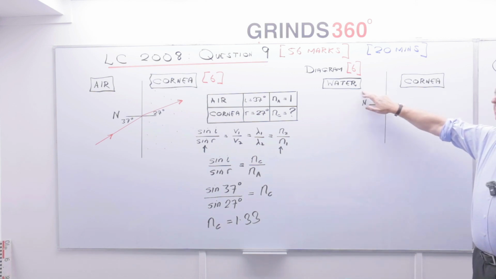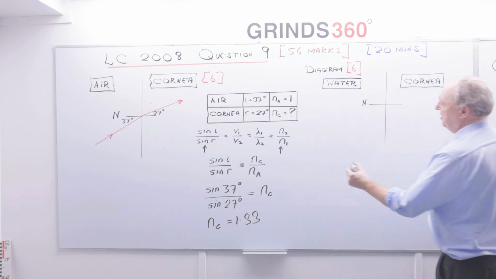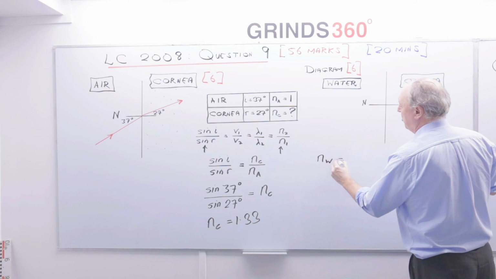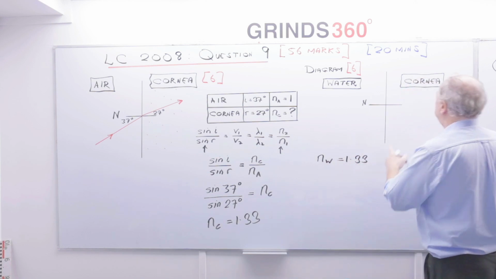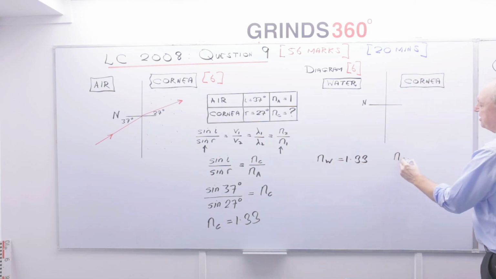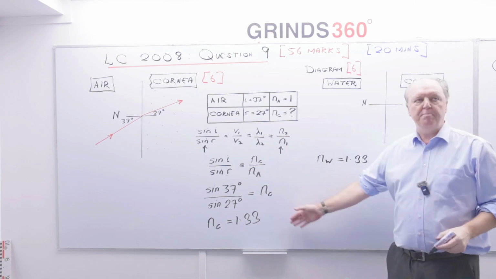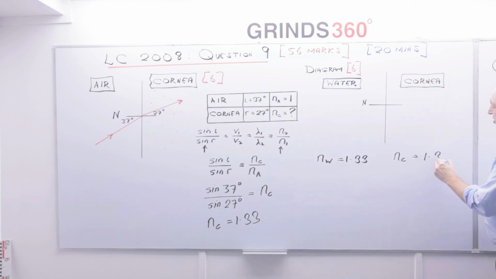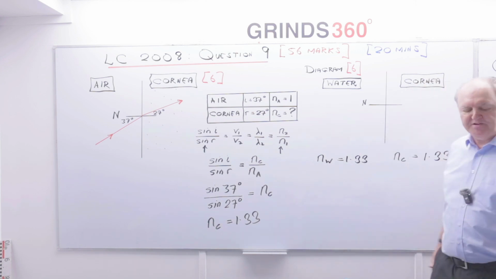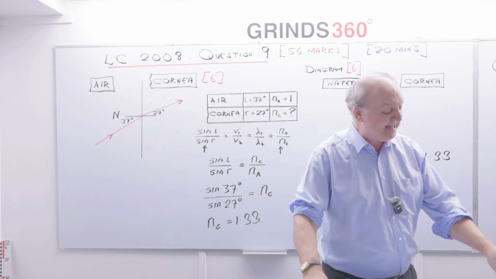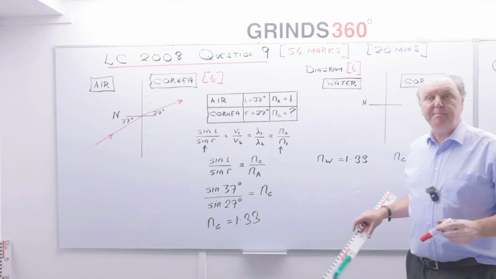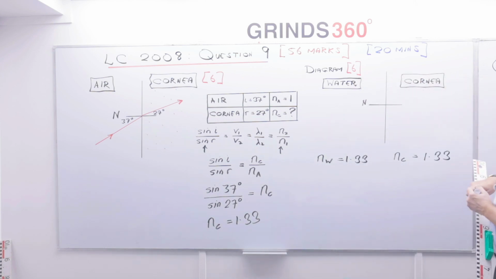Well, here's water. Refractive index of water, n_w, is 1.33. Here's the cornea. Refractive index of the cornea is about 1.33. So you're moving from one medium into another medium, but the refractive indices are exactly the same. So what does that mean? That means the ray of light is not going to bend.